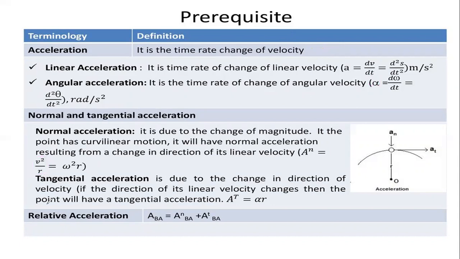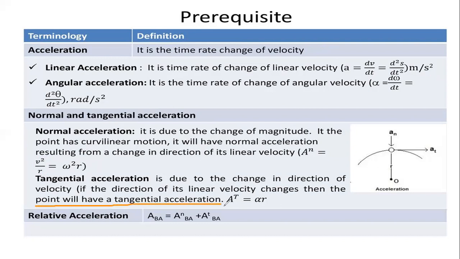Next one is the tangential acceleration. Tangential acceleration is due to the change in the magnitude of the linear velocity, whereas normal acceleration is due to the change in direction. If the magnitude of its linear velocity changes, the point will have a tangential acceleration.